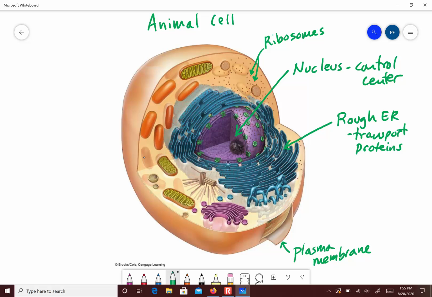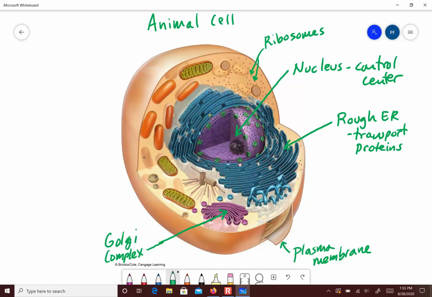So the ribosomes are making the proteins, and then the rough ER is transporting those proteins to this purple structure down here. It is called the Golgi complex. It kind of looks like a stack of pancakes.